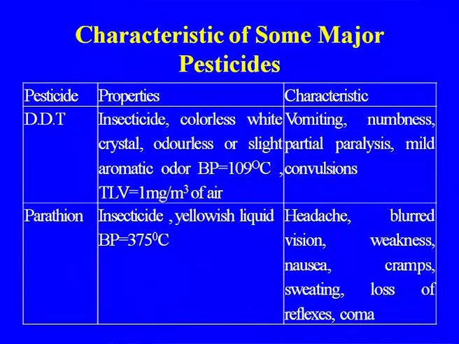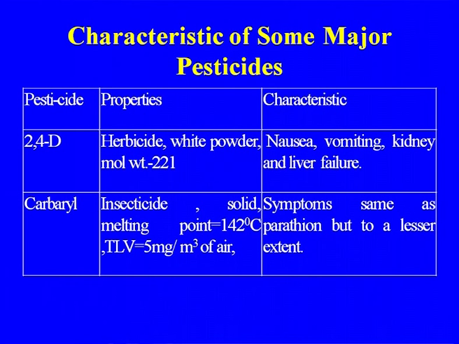So these are some of the effects of DDT: vomiting, partial paralysis, mild convulsions, headache, blurred vision, weakness, nausea, cramps, sweating, loss of reflexes, coma. For 2,4-D, again nausea, vomiting, kidney and liver failure may be there.